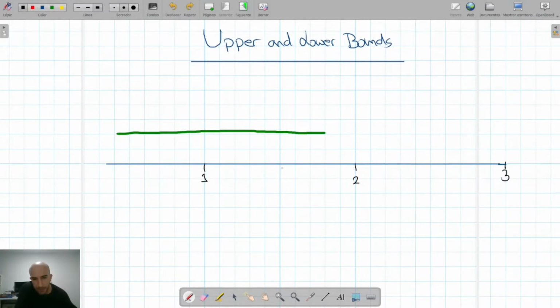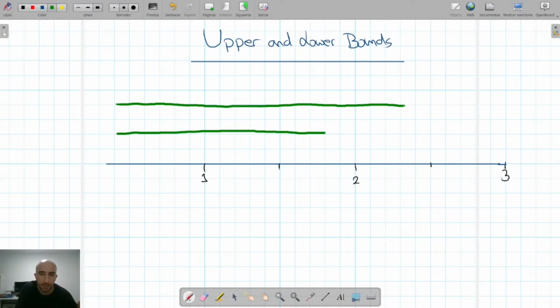Because we more or less know that 1.5 is here, and we know that 2.5 is here, so we know that this is a bit more than half of 1.5, so we approximate it to 2.